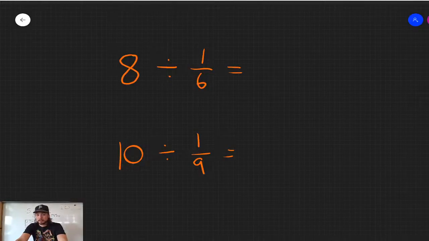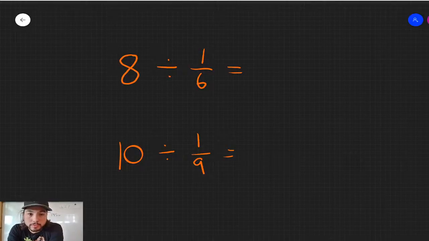If 10 is 1/9 of a group, how much is the whole thing? Stalling for time here because I realize my class chat is a little bit behind the live video. So we'll give it a little bit more time here.